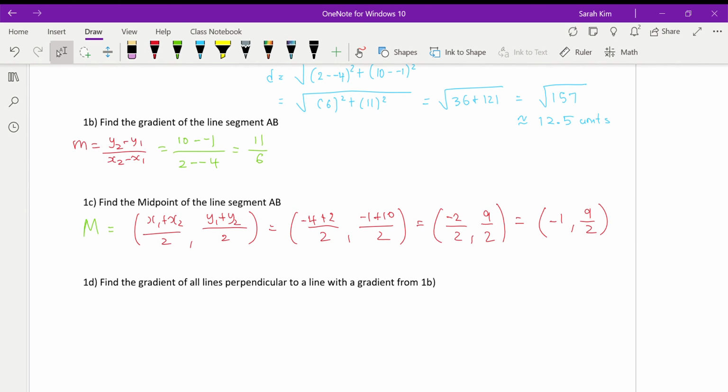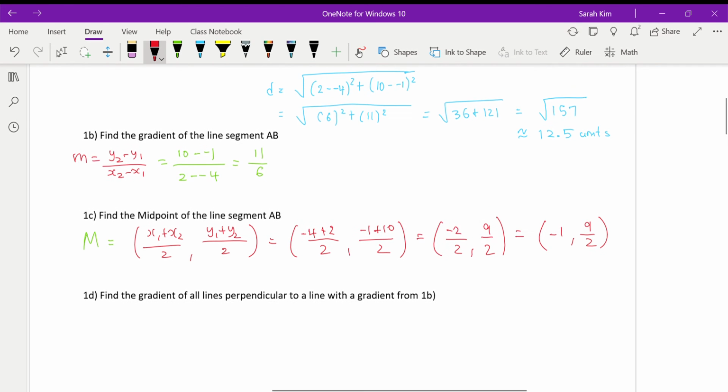Alright, find the gradient of all lines perpendicular to line with a gradient from 1b. So if my gradient is over here 11 over 6, if it's a perpendicular line, what would my gradient be? So my gradient would be the negative reciprocal of that.